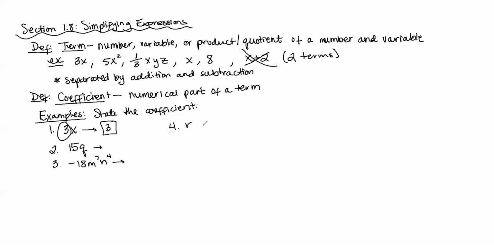So just try to remember what number's in front of r if you don't see one. Number 5 is negative x. Number 6 is y over 5. This one's trickier. You have to figure out how to rewrite this one first so you can figure out the number in the front. And then number 7 is the number 8.